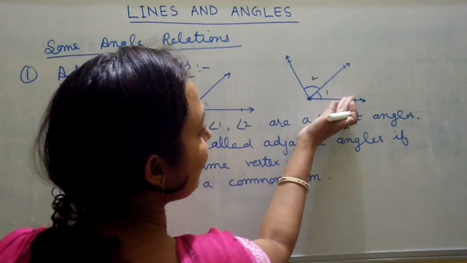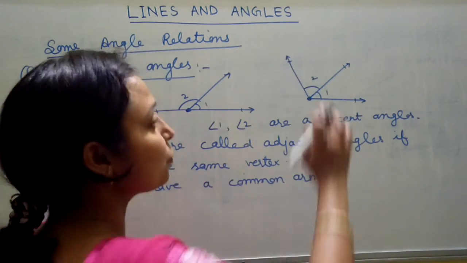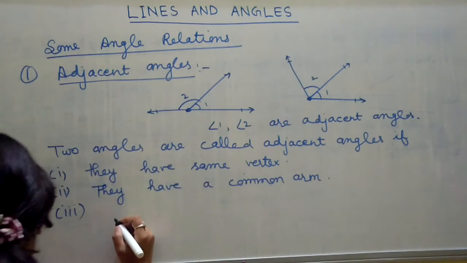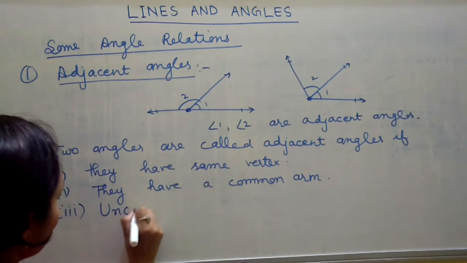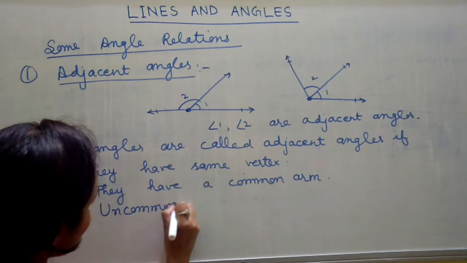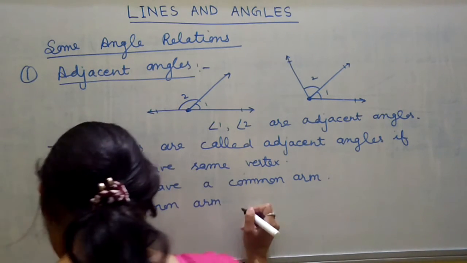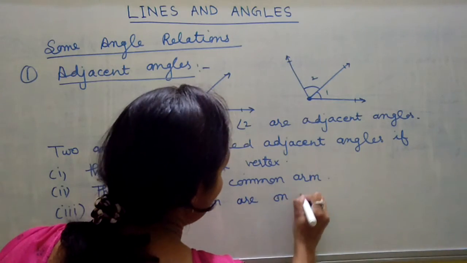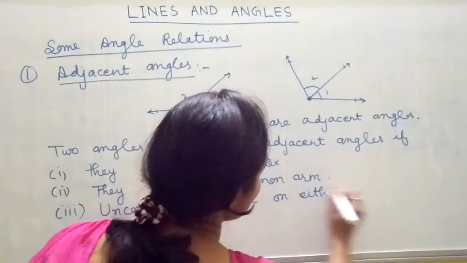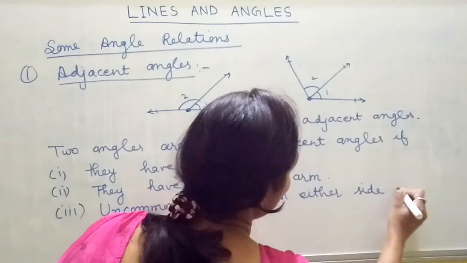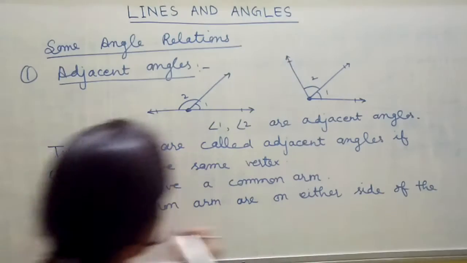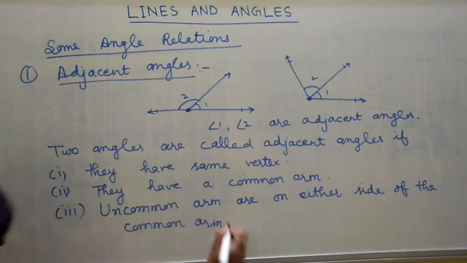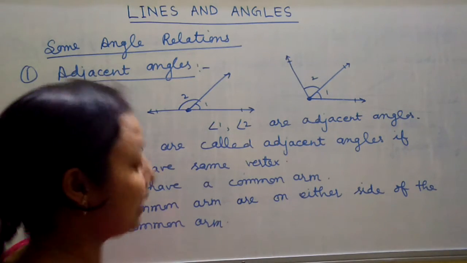This is a common arm for angle 1 and angle 2. So that is the adjacent angles definition.